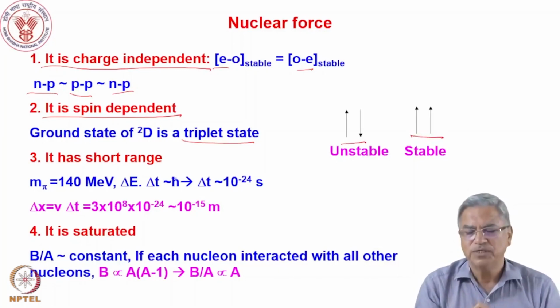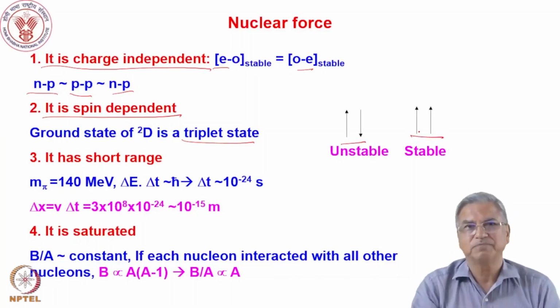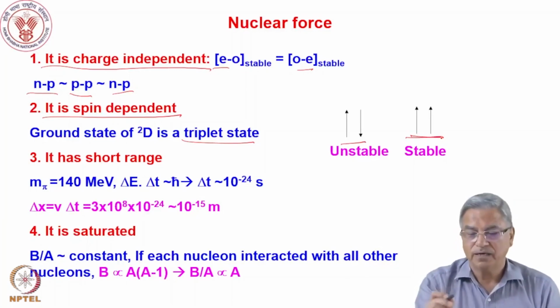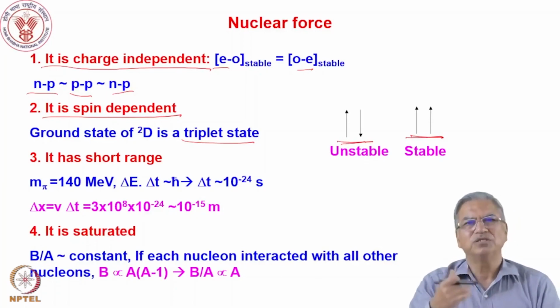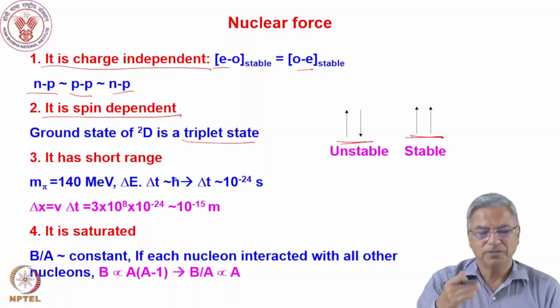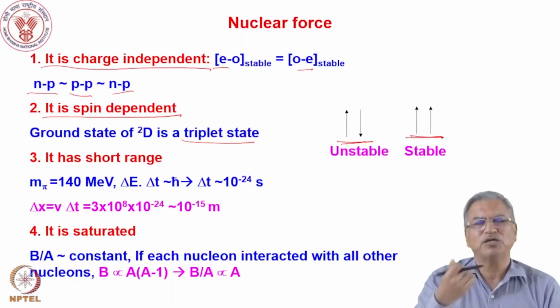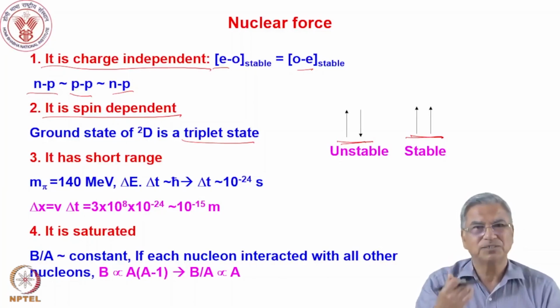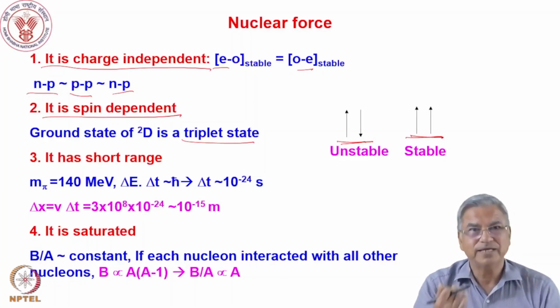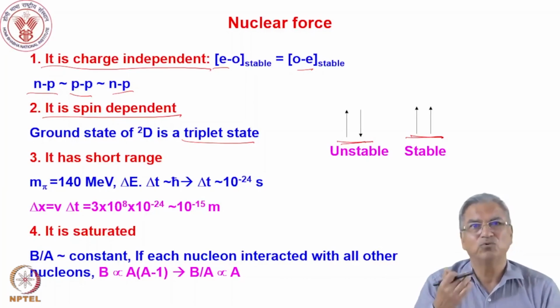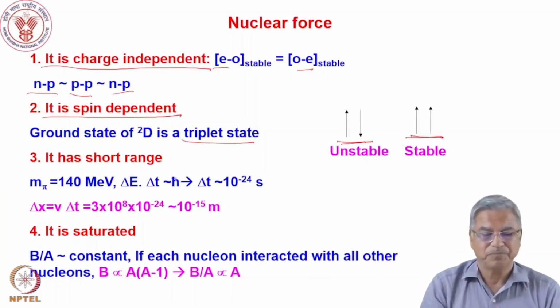What is found is that the ground state is unpaired, and the paired state is unstable. So that means depending upon the spin state of the two nucleons, the nucleus can be stable or unstable. That gives you an idea that the nuclear force is spin dependent.